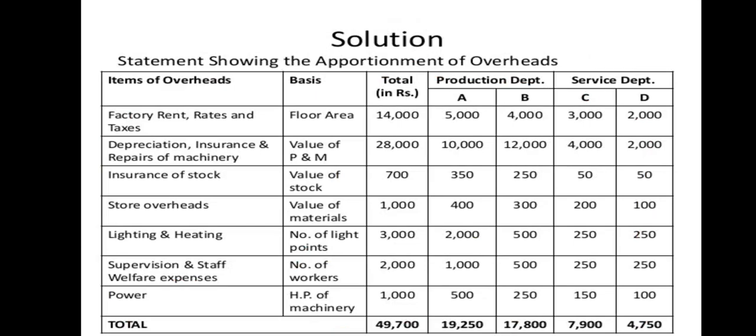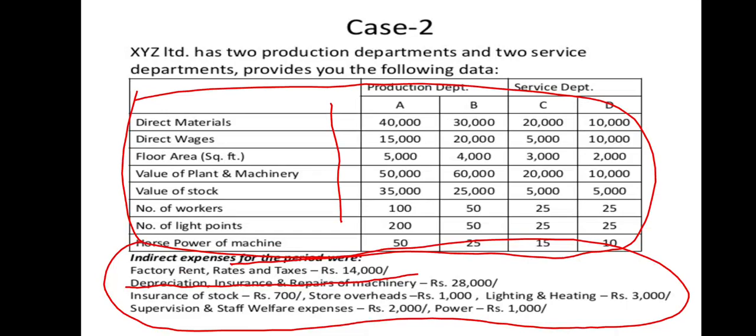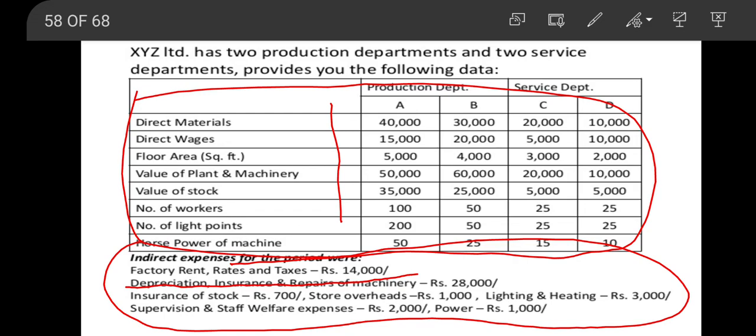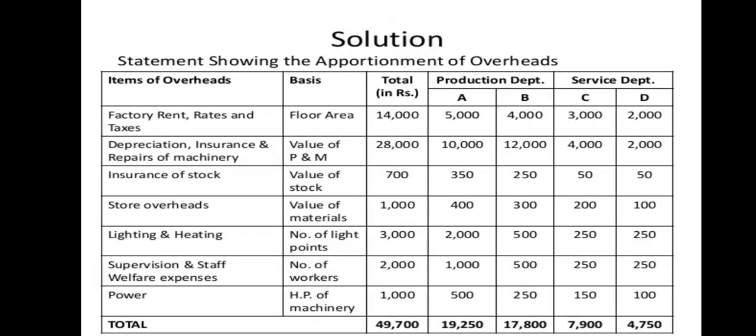Floor area. And floor area is given very clearly: 5,000, 4,000, 3,000, 2,000. So we need to take that 5,000, 4,000, 3,000, 2,000. That's it. Total value is 14,000. Is it clear or not? Next one.